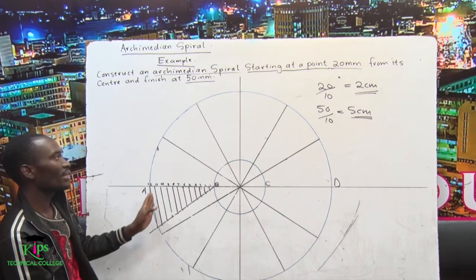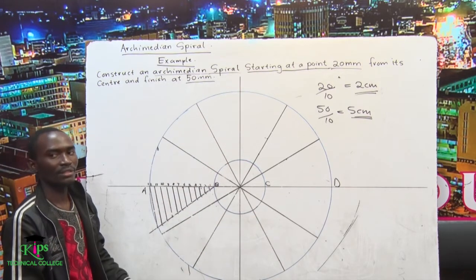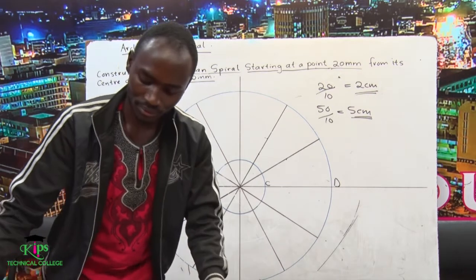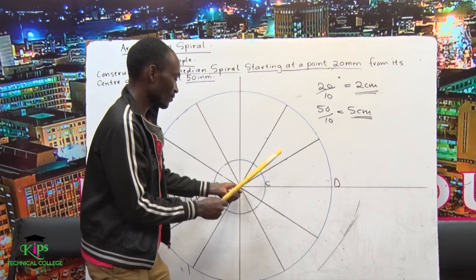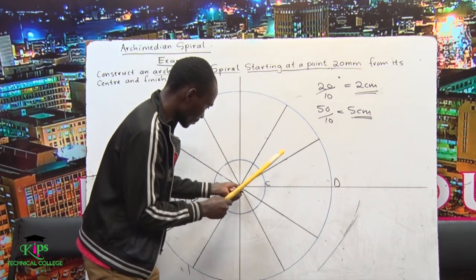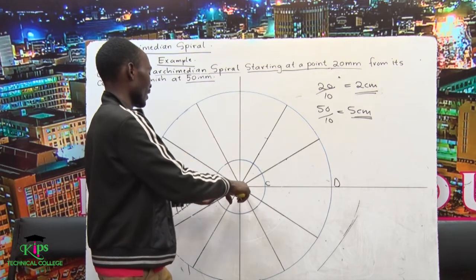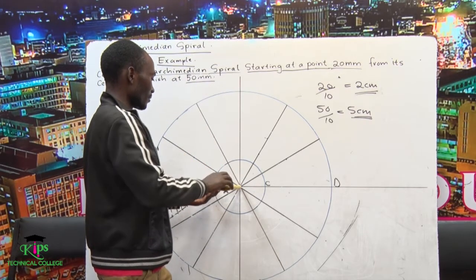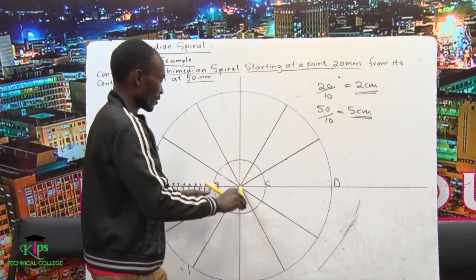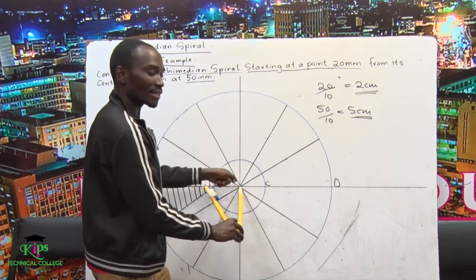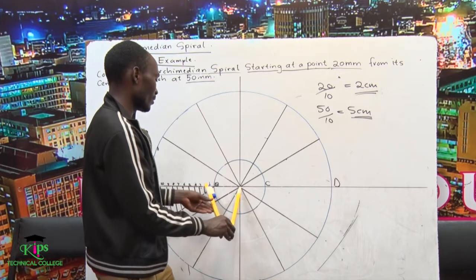So now whatever is remaining is to draw several other lines in a spiral way. So with my compass, stepping at the center of this circle, and starting from point 1, I will draw. You can see I've adjusted my compass from the center of these circles up to point 1.